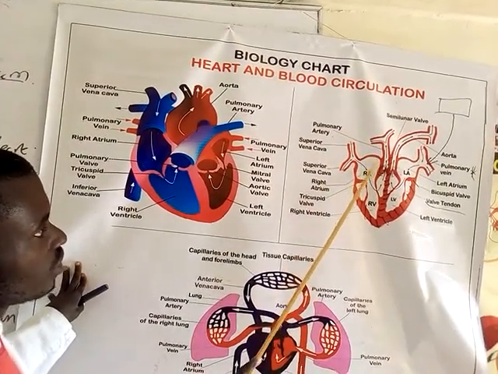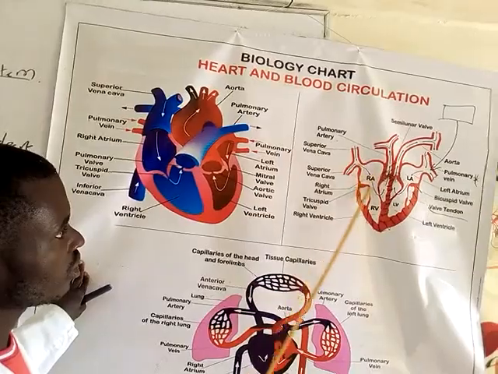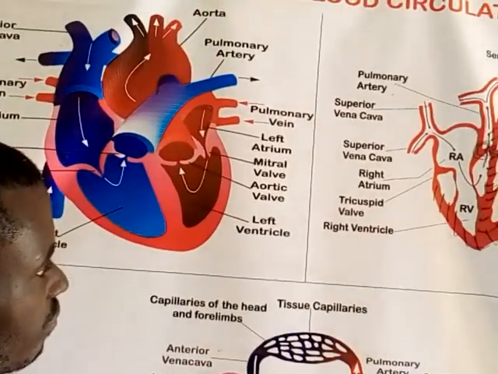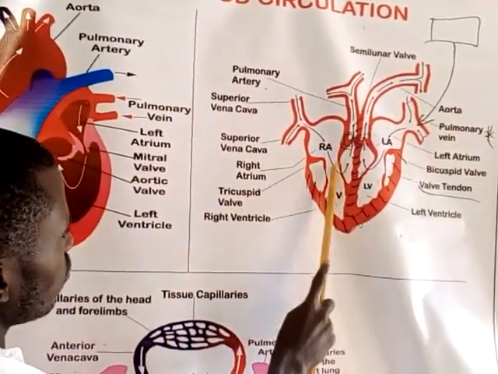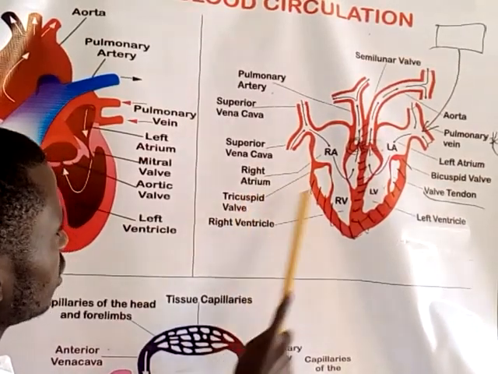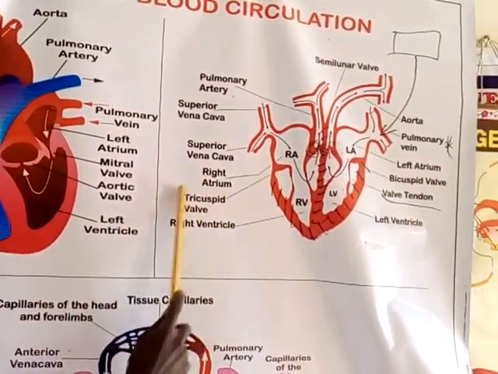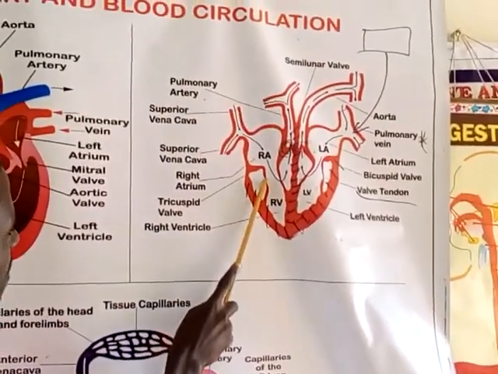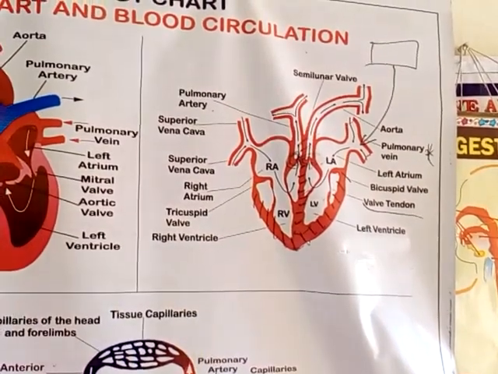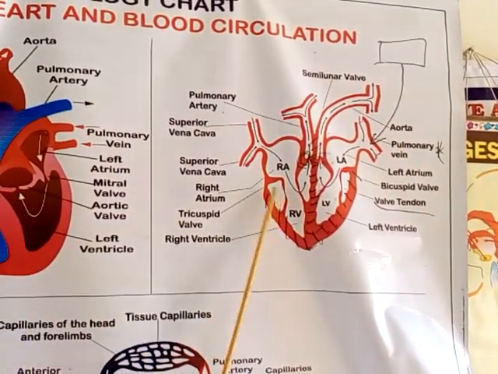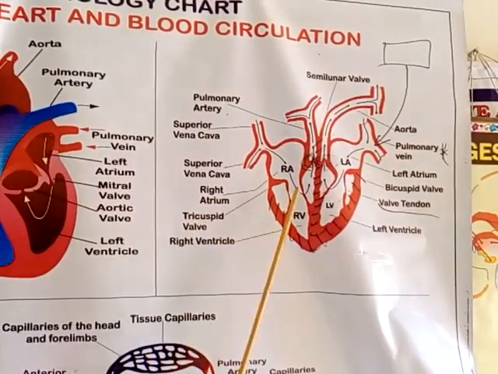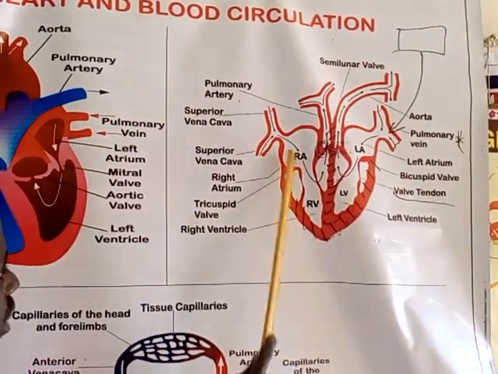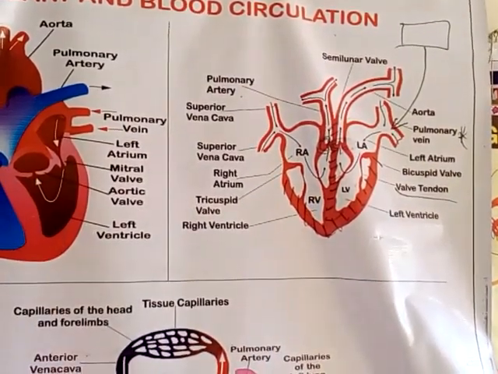After that, it reaches the right atrium, then gets into the right ventricle through a valve known as the tricuspid valve. The tricuspid valve is held in position by a tendon. The function of the tendon is to prevent the valve from turning inside out while the blood has flown into the right ventricle.